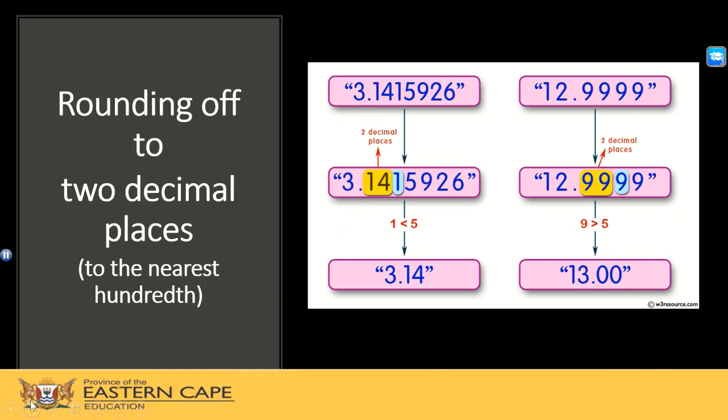Now that 9 is more than 5, so therefore that answer must be rounded off. So 12.99 when rounded off becomes 13.00.